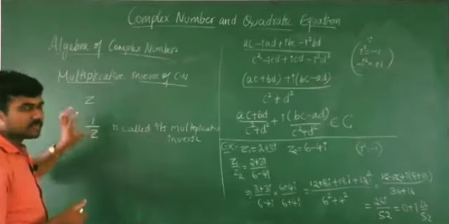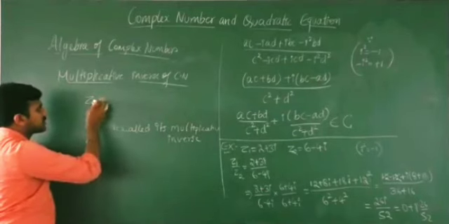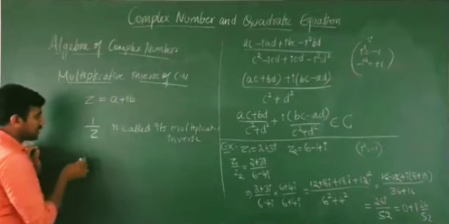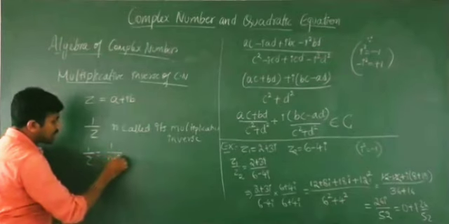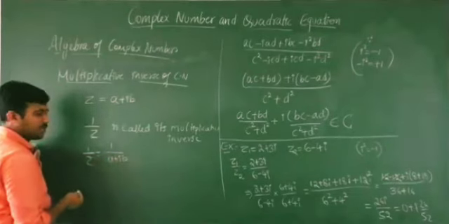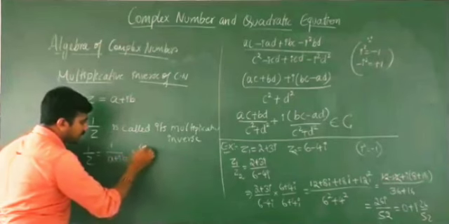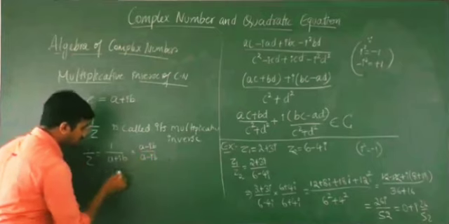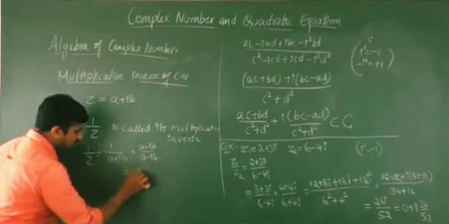1 by z is nothing but what? See, if you consider z is a plus ib, a complex number, then 1 by z is nothing but 1 by a plus ib. Okay, now just multiply and divide by a minus ib, the conjugate. What will we get? 1 into a minus ib is a minus ib.